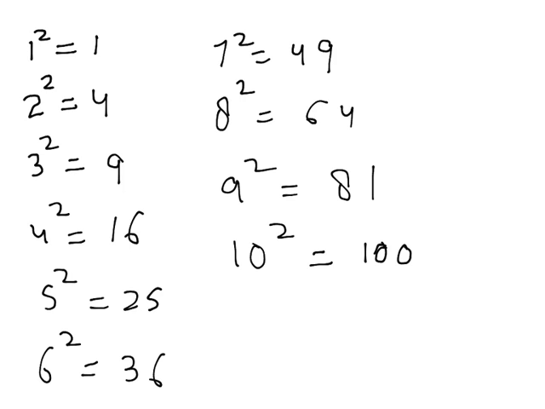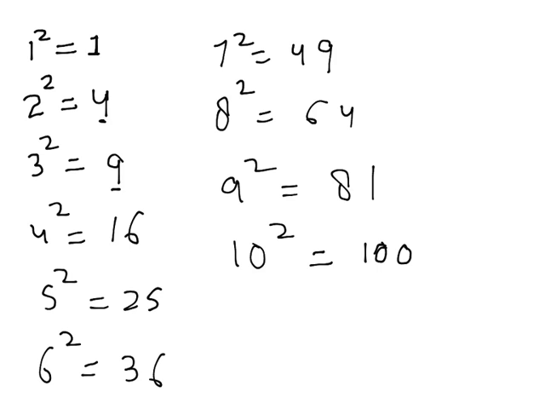You can observe certain things in the squares of numbers. First of all, we will see what the unit digit of every square is. Here, 1 is a single digit number, so 1 is the unit digit. 4 is also a single digit, so it is in the unit place. We have 4, here we have 9.